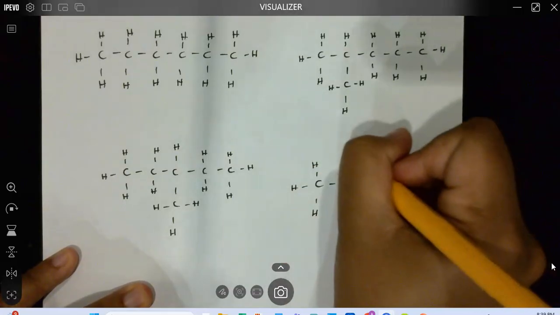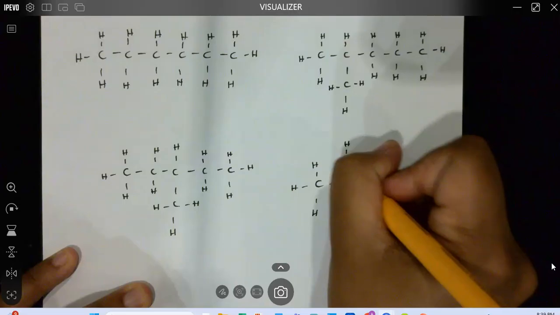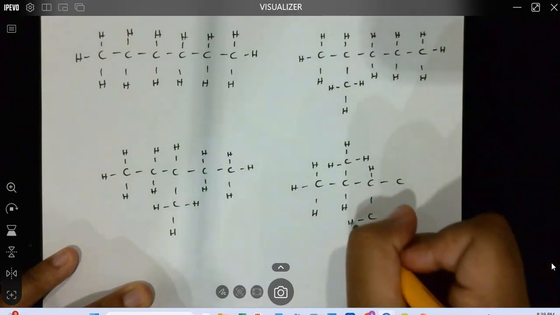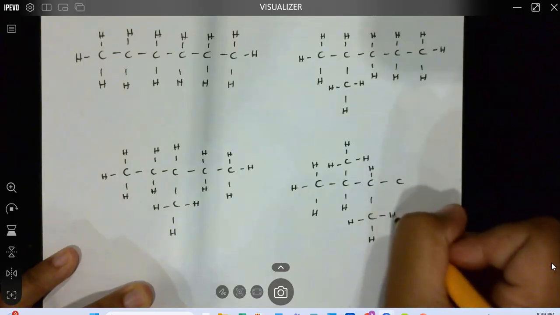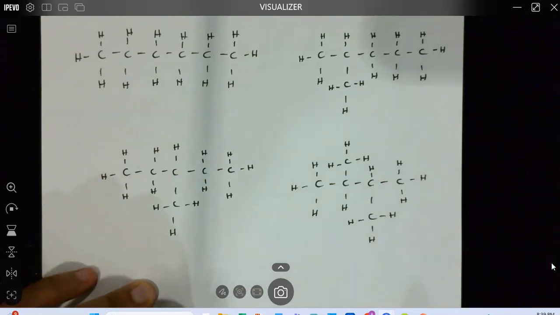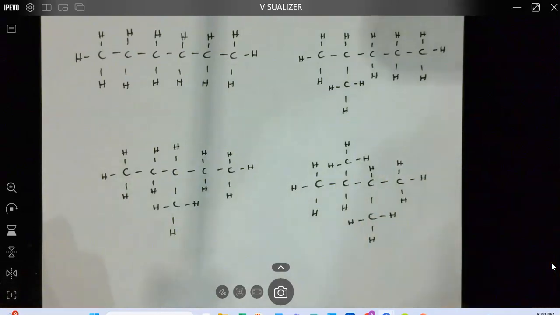So in here, I'm just adding all my hydrogens, trying not to leave any out. It can be really difficult, but make sure you're checking, especially in an exam situation. Always go back and check. So now we've got those 2 branches.